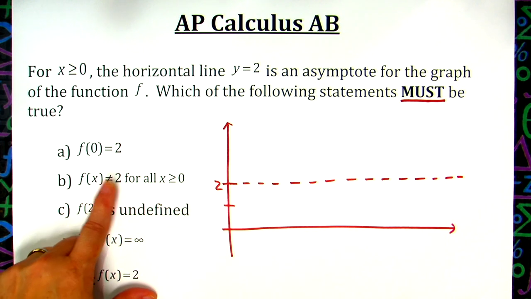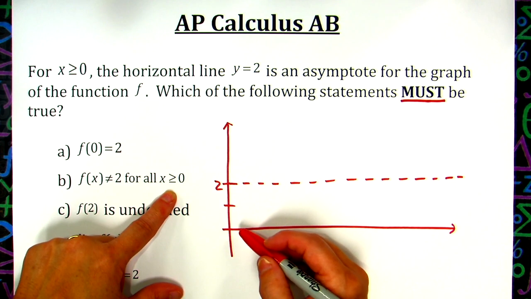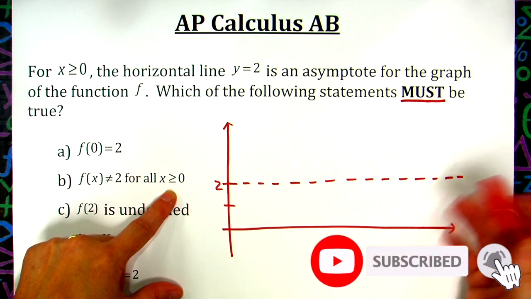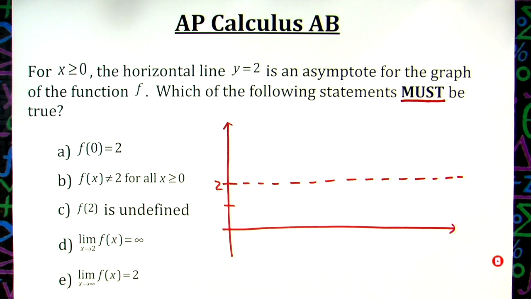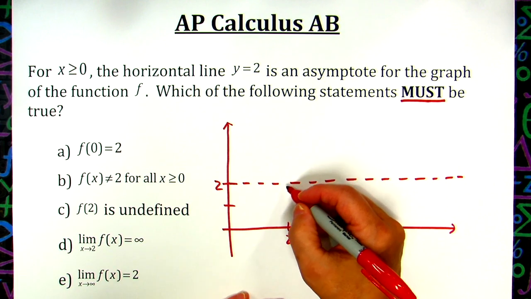The function does not equal 2 for all values of x. For that same reason, I'm not guaranteed, because functions are allowed to cross horizontal asymptotes. So I can't absolutely positively guarantee that. f of 2 is undefined. Well, maybe.